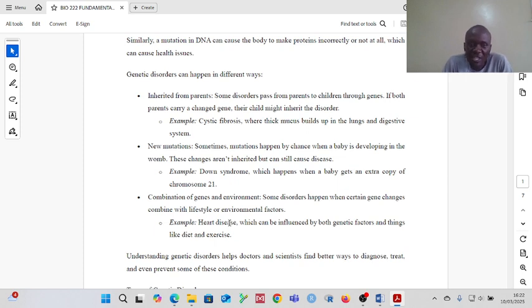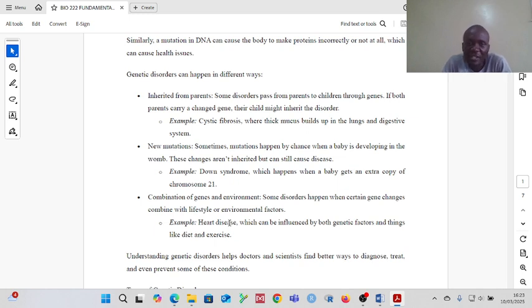Some genetic disorders can happen in an individual just as a new mutation. So it was not there before, but is happening just by its own, just by chance. Someone was born, they're developing, then at some point a mutation just occurs.